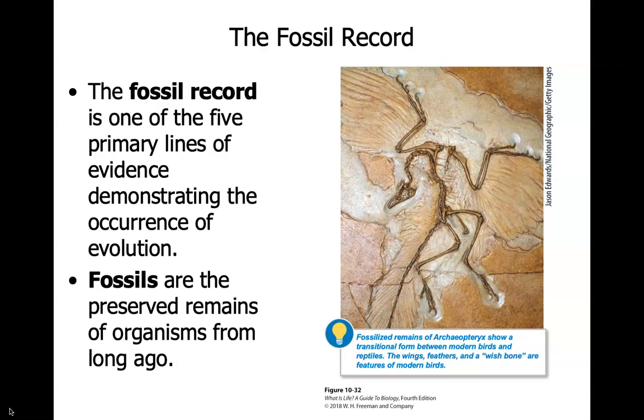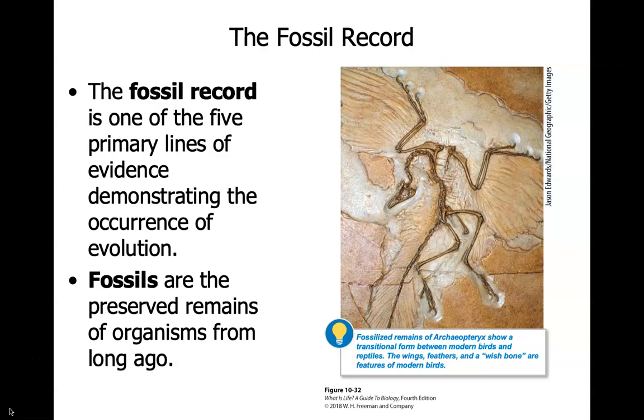So one of the lines of evidence that supports evolution, and one of the things that Charles Darwin used in developing and fleshing out his theory of evolution, is the fossil record. The fossil record demonstrated that organisms were different in the past.